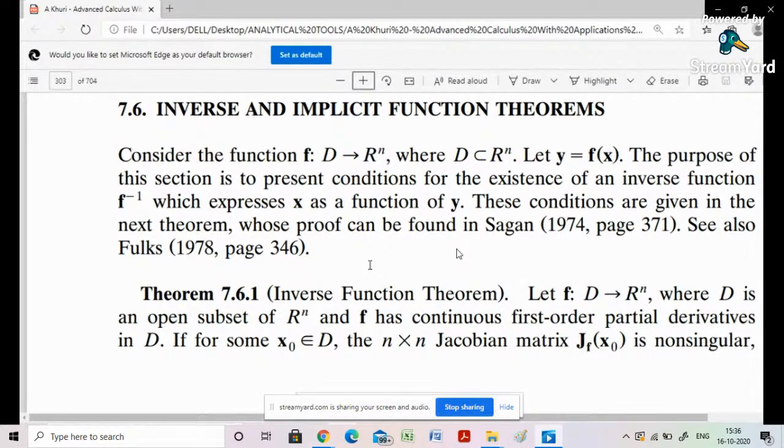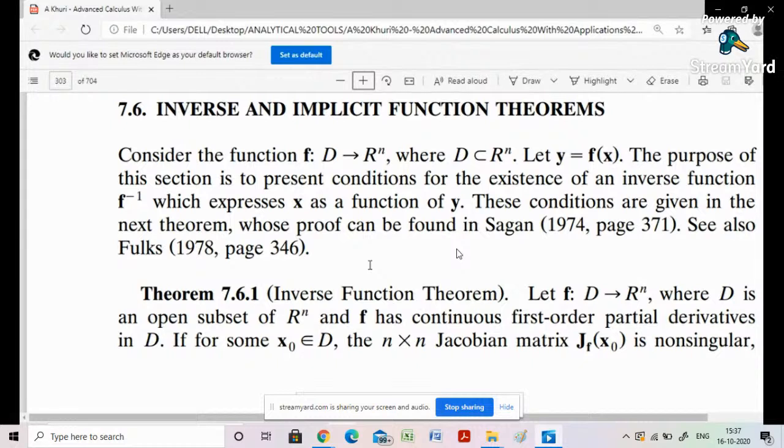The inverse function theorem gives the minimum required conditions for the existence of the inverse function for a function f from Rn to Rn, or f from D to Rn where D is a subset of Rn. We have to note the conditions.